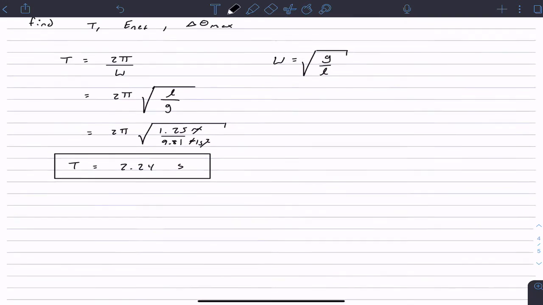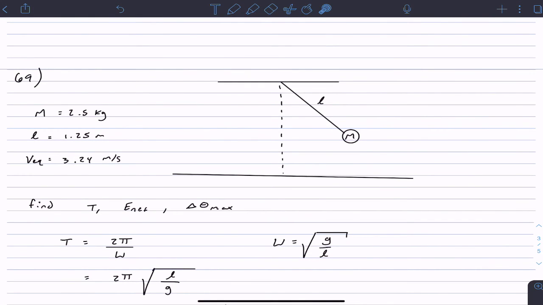So we're asked to find the total energy. Since we're given simple harmonic motion of a simple pendulum, we don't need to really think about what the energy is going to be where we have some potential to fall down and a velocity moving in one of these directions. We can do that, but that's going to be a little more complicated than we need it to be.